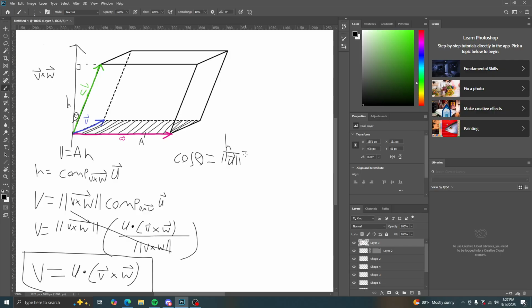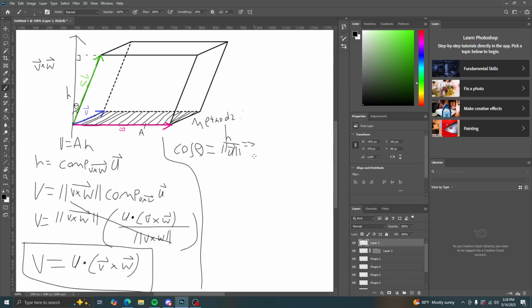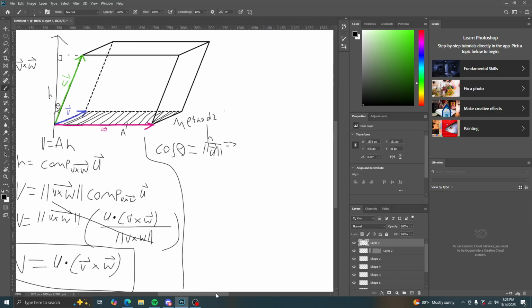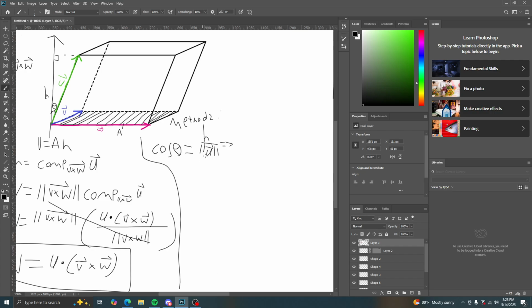And so now, let me separate these. Let me write method 2. I'm drawing with a mouse, so it looks really bad. So cosine theta is equal to the height over the magnitude of vector u, and so now we know that the height is equal to the magnitude of vector u times cosine theta.